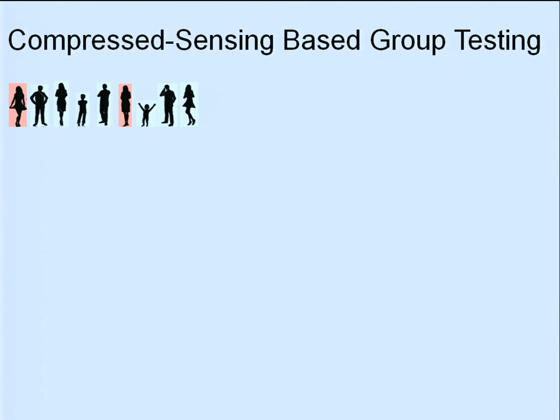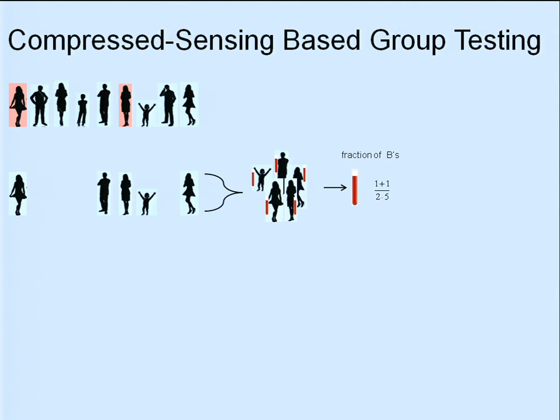All right, so what is our solution? It's called compressed sensing based group testing. So we have the population and we have two carriers. We take one pool, and then we measure the frequency of the B allele in the pool.